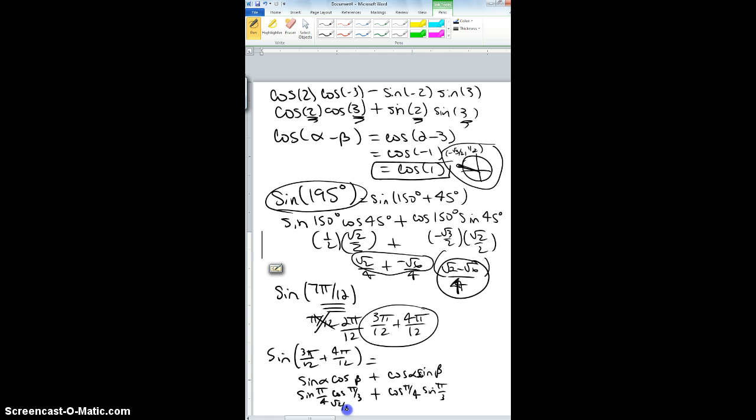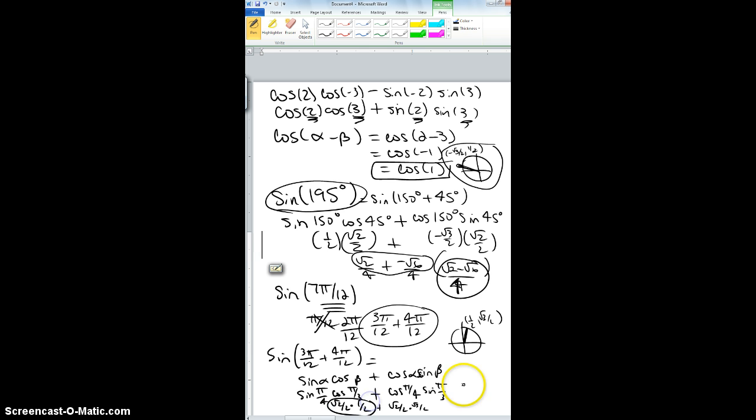So this is square root of 2 over 2. Cosine of pi over 3, that's this guy right here, which is a half. Then I have square root of 2 over 2, and my sine there is square root of 3 over 2.